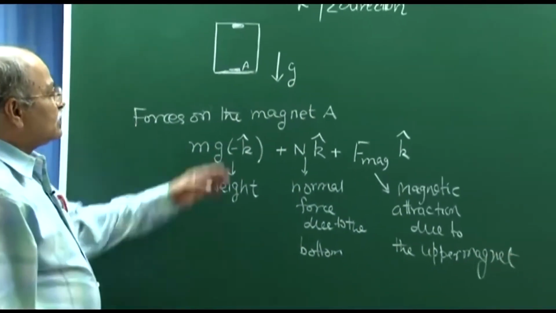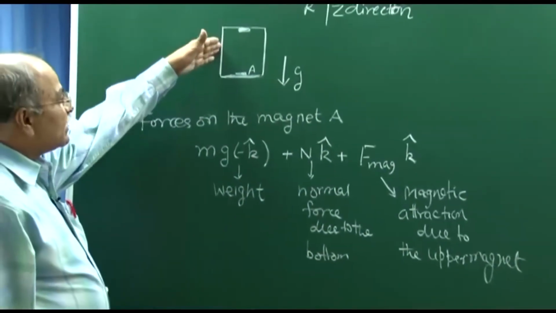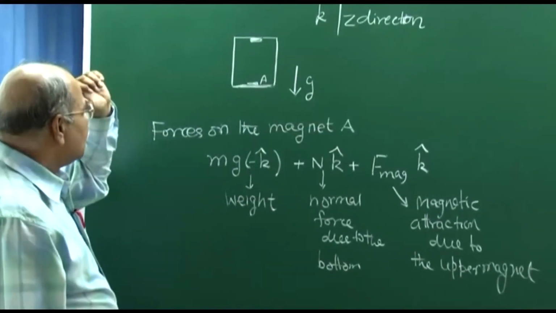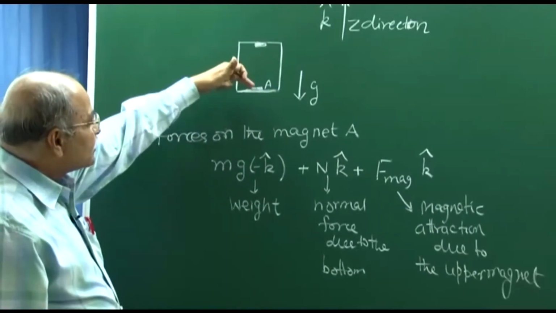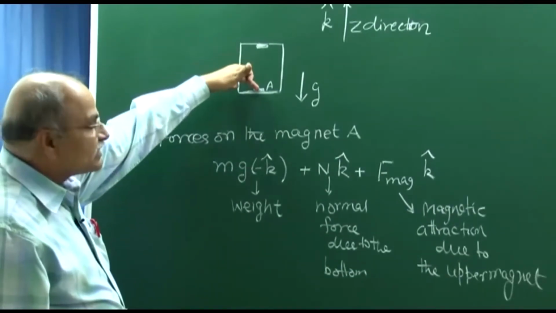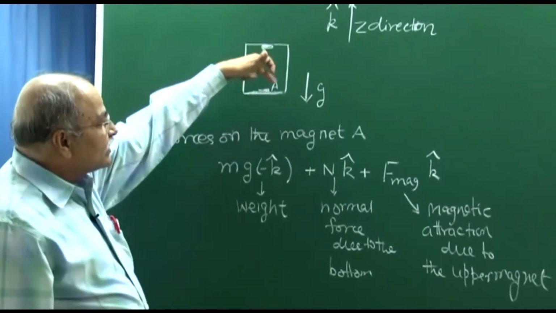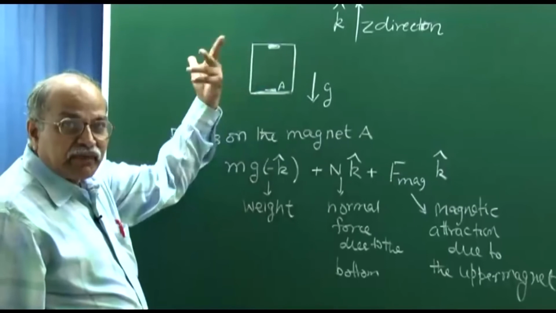And since we are using a non-inertial frame, I must apply a pseudo force also on this A, and that pseudo force will be the mass of the object multiplied by the acceleration of the frame with a minus sign.